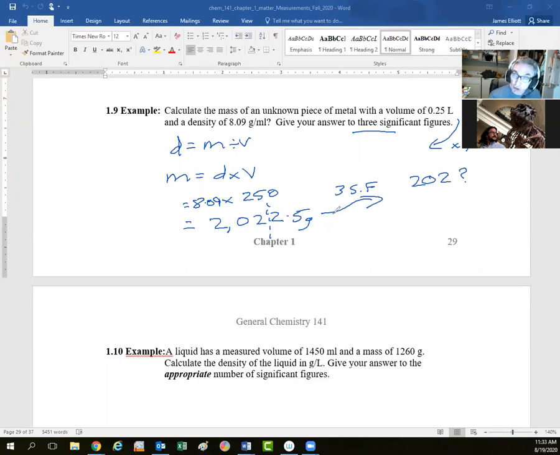So when the magnitude of the number could be lost, we have to use scientific notation. So that decimal place would have to move once, twice, 3 times to make it a number between 1 and 10. So the proper answer is 2.02 times 10 to the power of 3 grams. Don't forget your units.